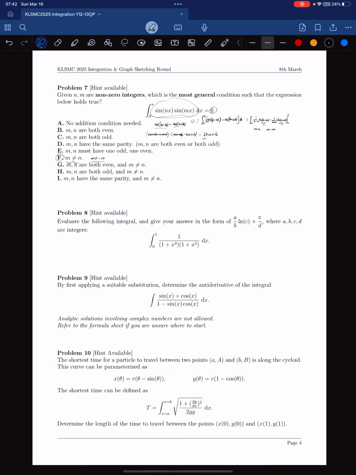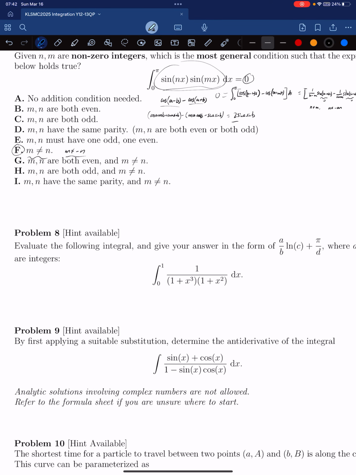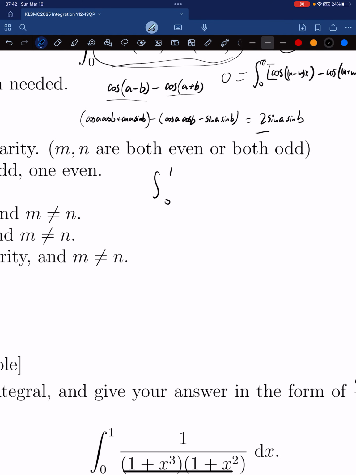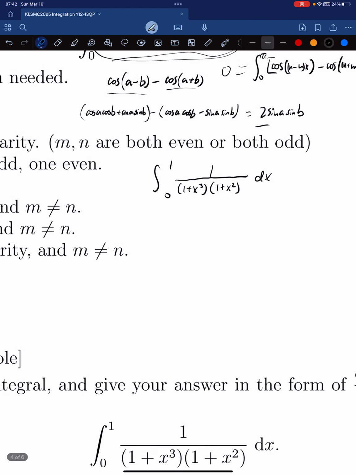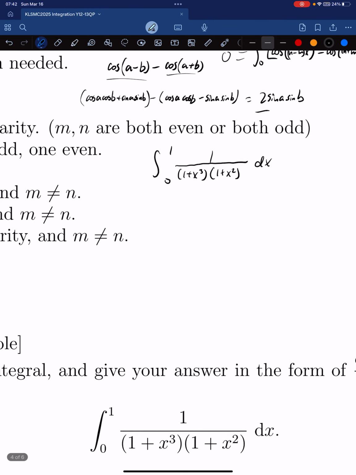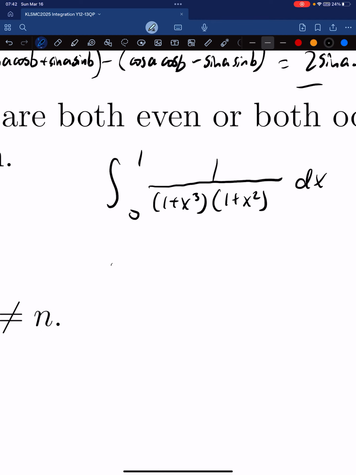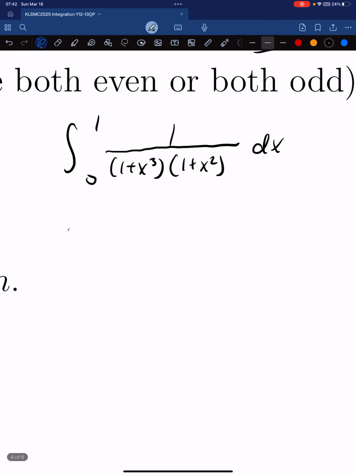All right, so now let's do problem 8. Our function is basically an integral from 0 to 1 of something over 1 plus x cubed times 1 plus x squared. To evaluate this integral, we can try expanding it using partial fractions. How am I going to do that?